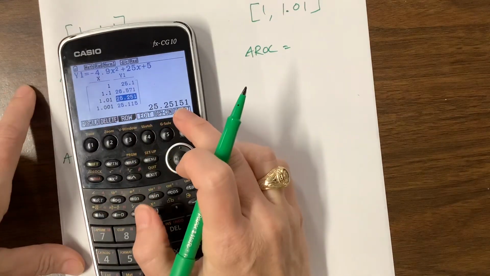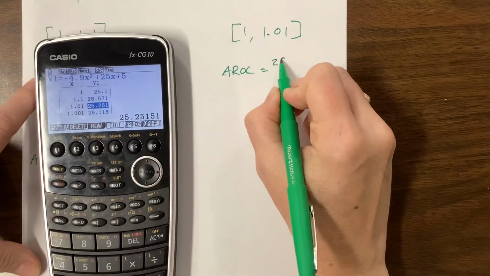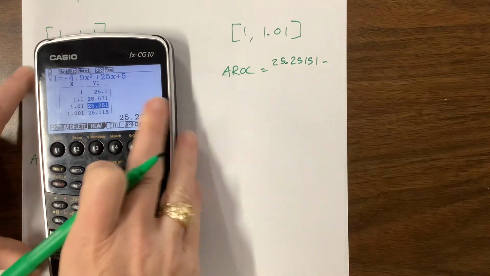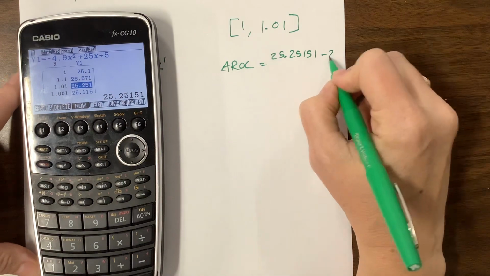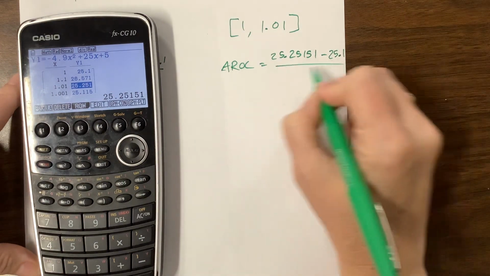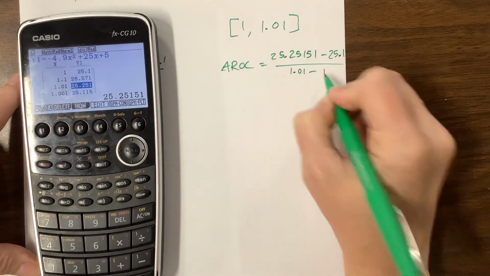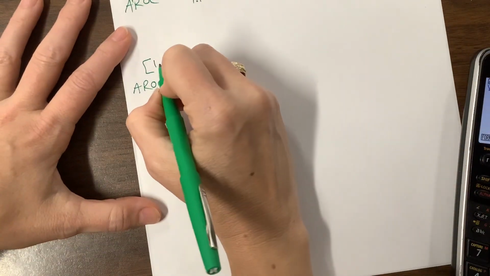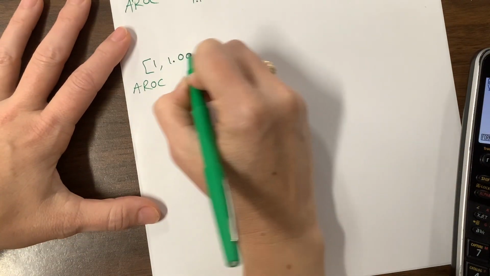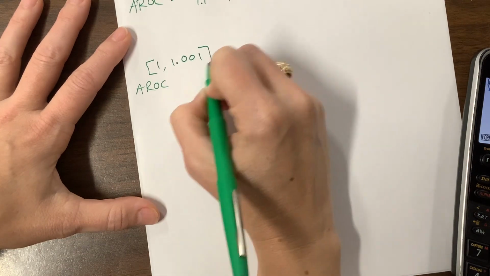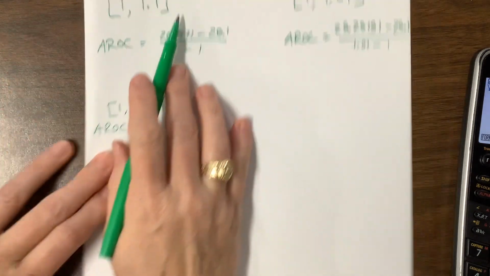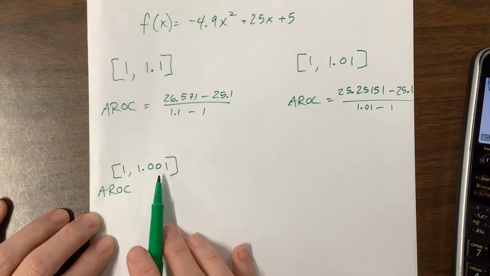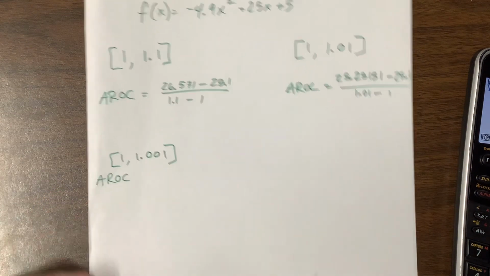So I want all of these decimals: 25.25151 minus, and then the one from before was still 25.1, all over 1.01 minus 1. Here we were going from 1 to 1.001. So we're looking at values that are 1/10 away, 1/100th away, 1/1000th away from where we started.